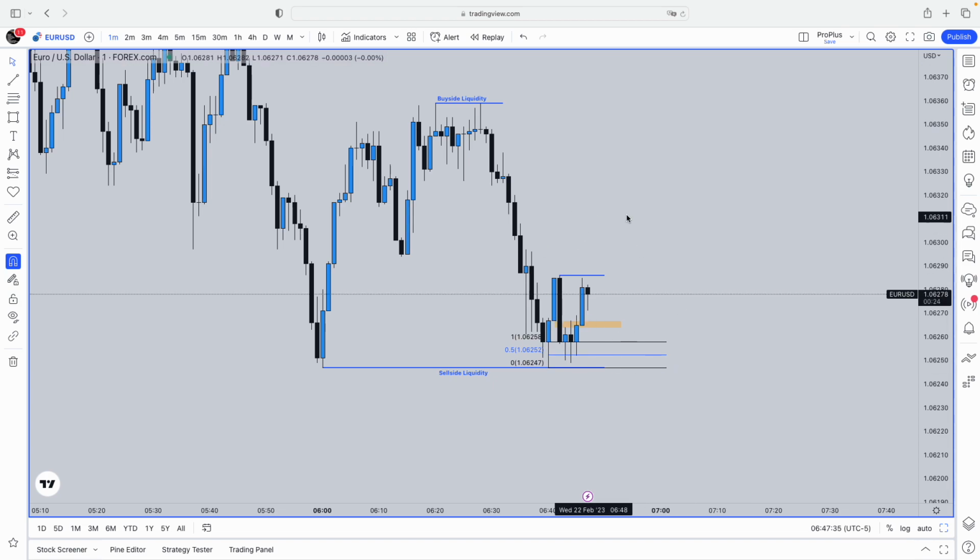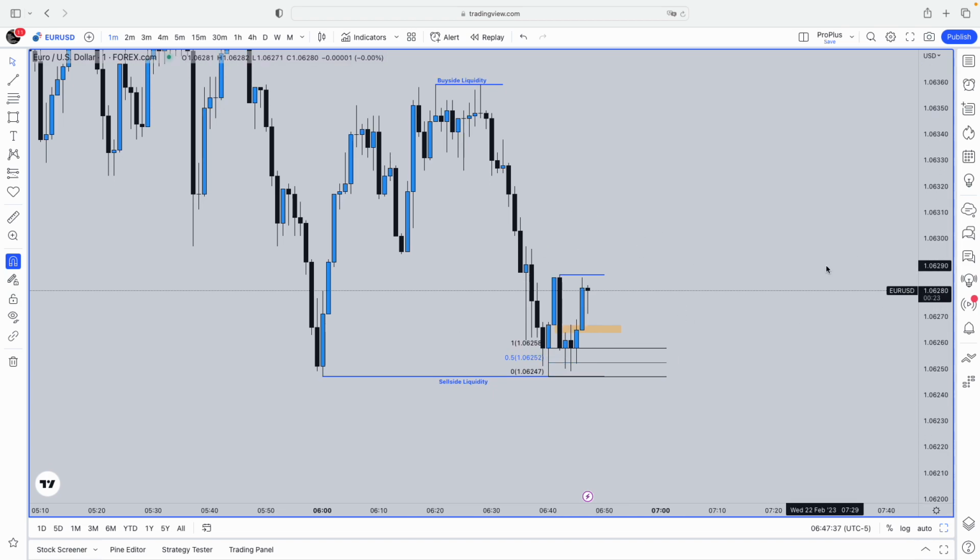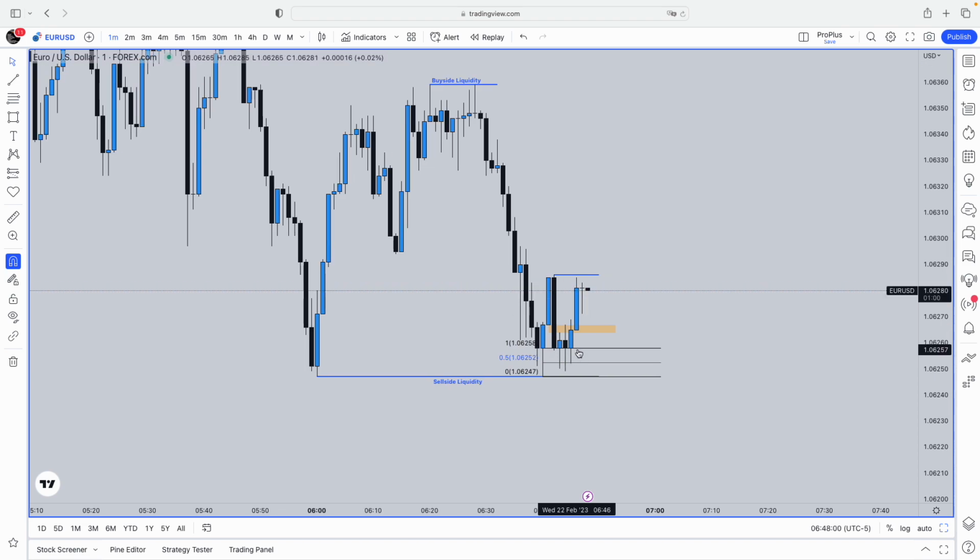No entry yet for here. Just literally just watching what price wants to do. Leaving a fair value gap. The way price respected this consequent encroachment, the bodies closing above here.